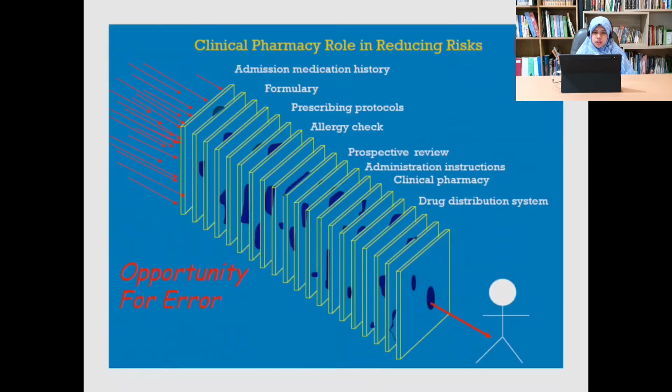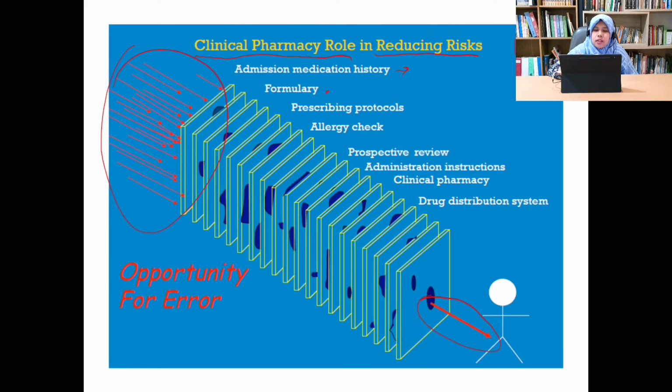Okay, I will continue to the next slide. This is the opportunity for error. There are several steps when you prepare the medication. If pharmacy applies its role in reducing risks, the potency of error will decrease, and only one error reaches the patient. For example, first, you apply the medication history, or the pharmacist and other healthcare professionals admit and follow the formulary guideline.